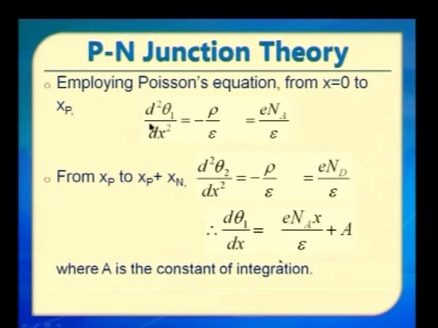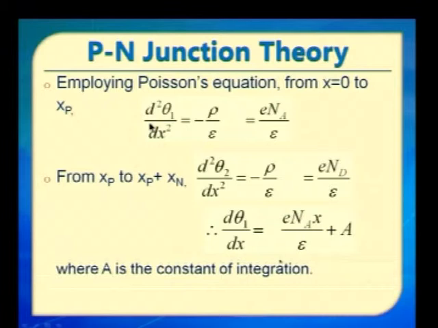The Poisson's equation that is valid for the region x equal to 0 to x equal to x p will be d square theta 1 by dx square. As I told you, theta 1 is the potential in that region.